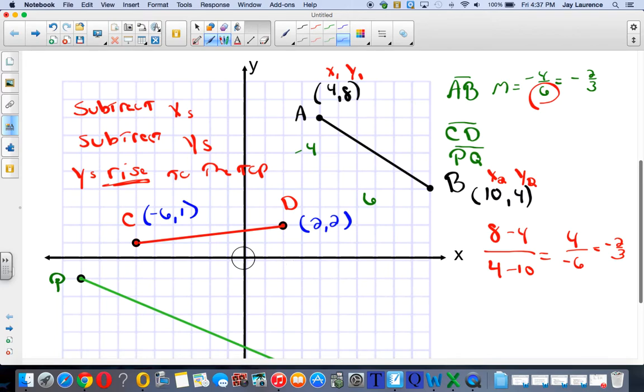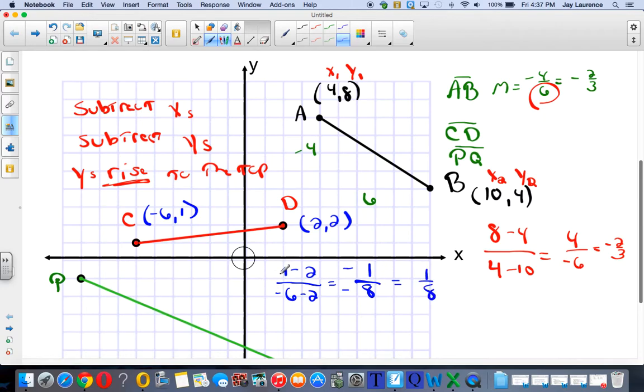So I'm going to go -6 minus 2, that's going to equal -8. And then I'm going to do 1 minus 2, which is -1, which means the slope is -1/-8, or 1/8.